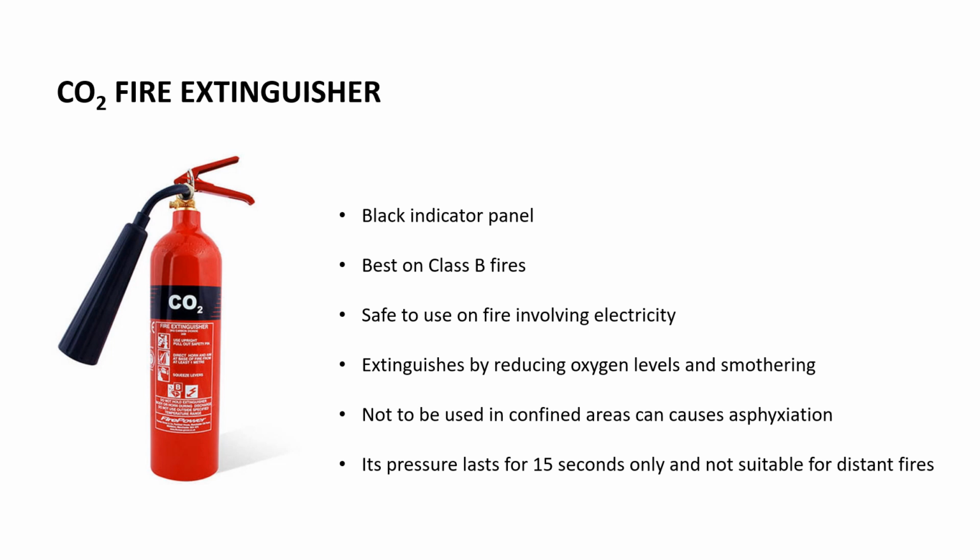It extinguishes by reducing the oxygen level, and it does smothering. Not to be used in confined areas as it can cause suffocation, and its pressure lasts for 15 seconds only, so it will not be suitable for distant fires.